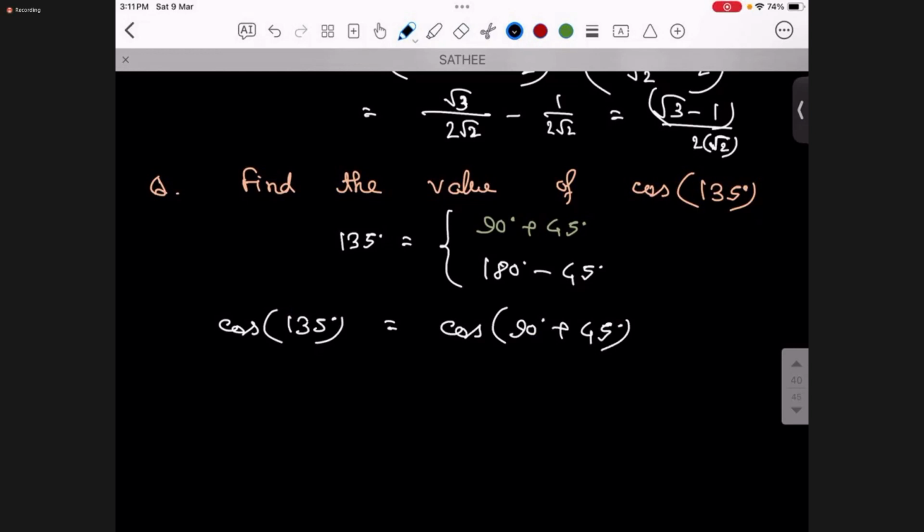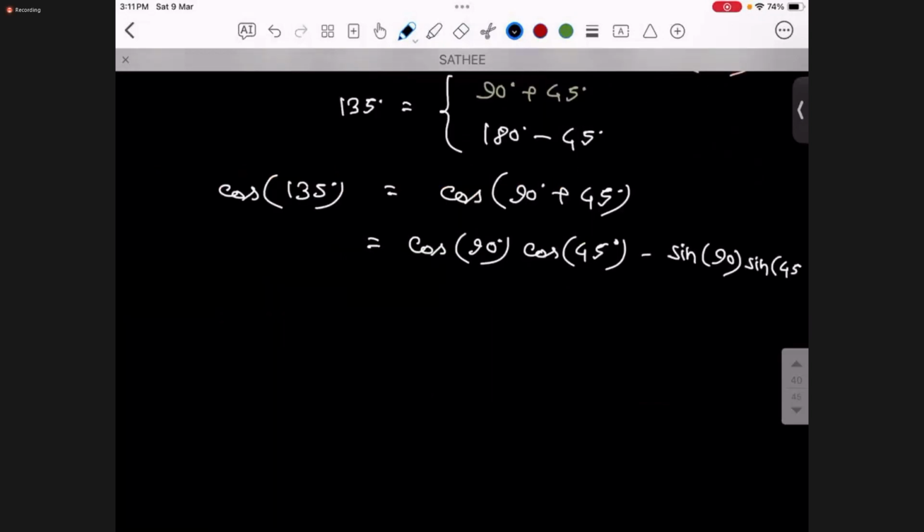Now use the formula for cos x plus y. What will we get? Cos 90 cos 45 minus sin 90 sin 45.